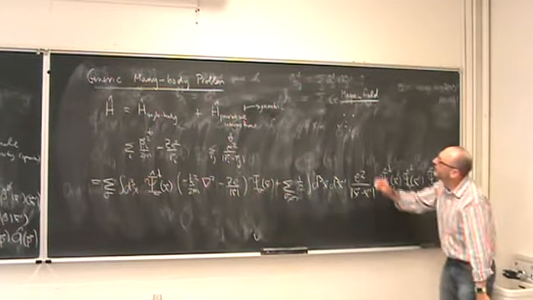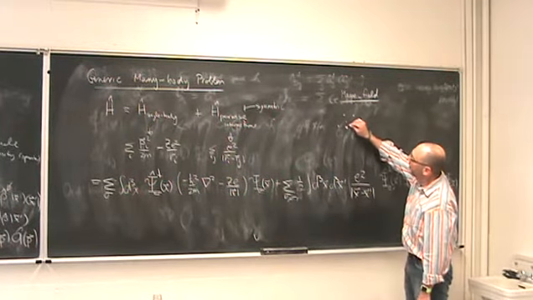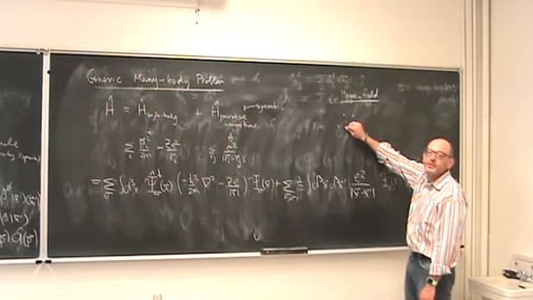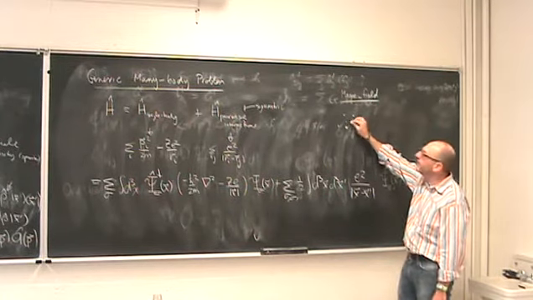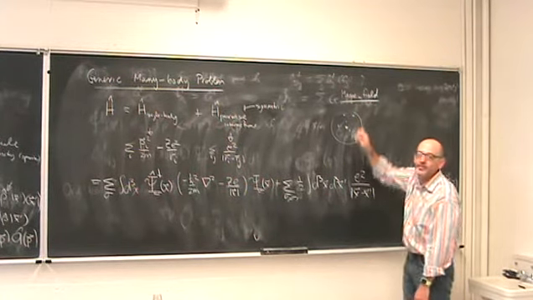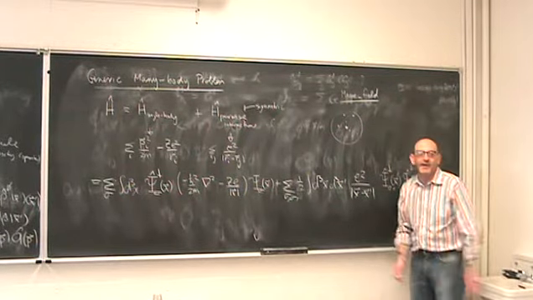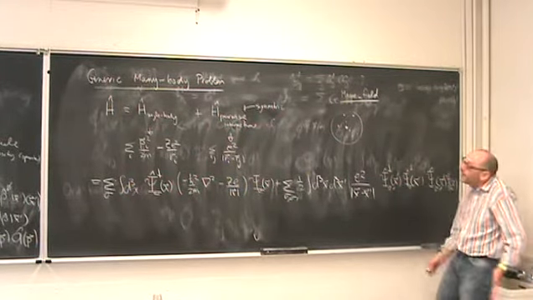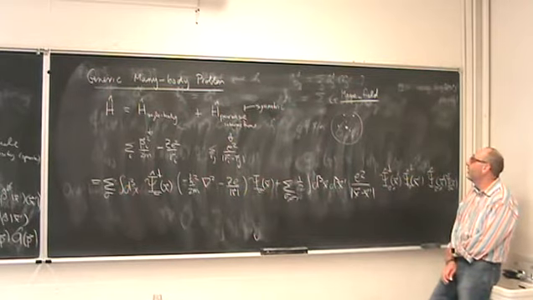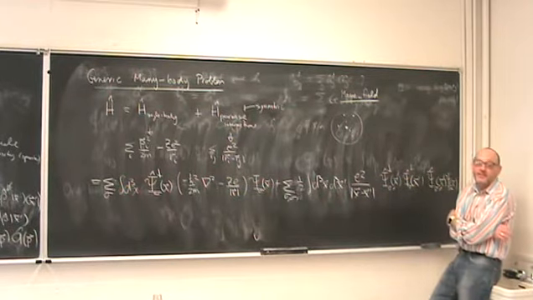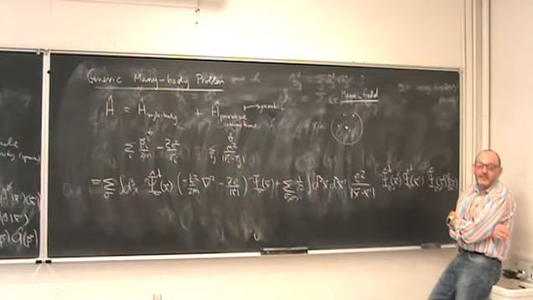But the mean field approximation basically says the force of repulsion that this electron sees is due to the average effect of all the other electrons. And that's a very typical way that, to lowest approximation, we take that into account.